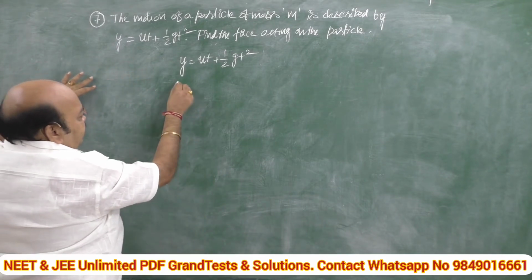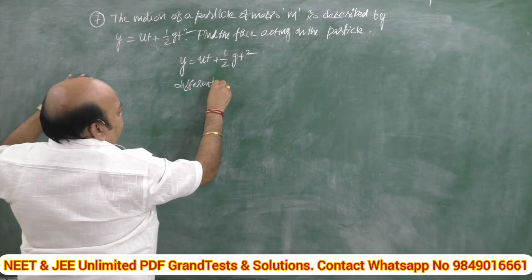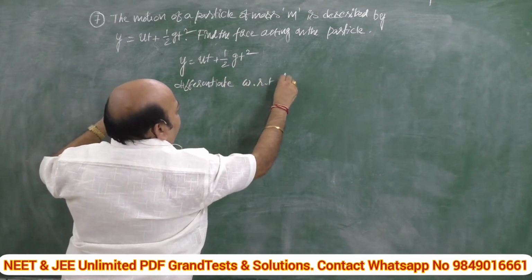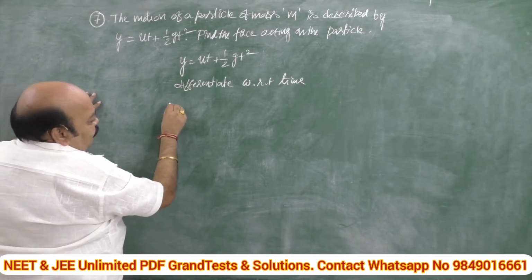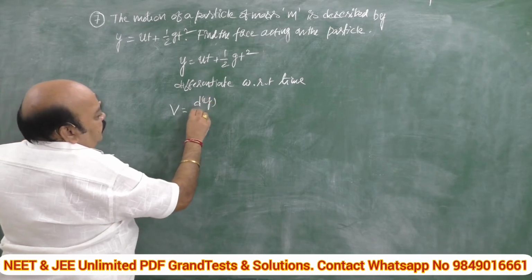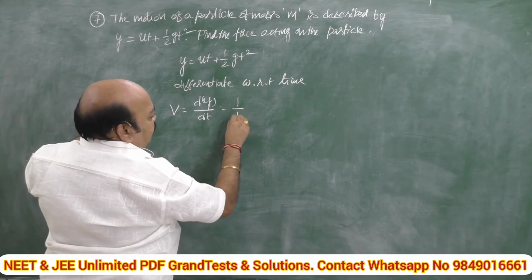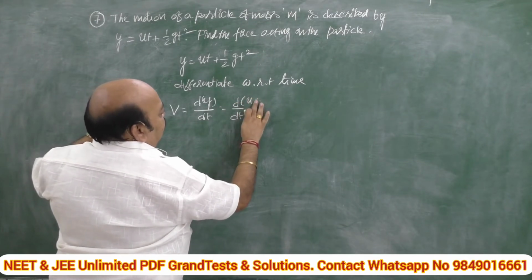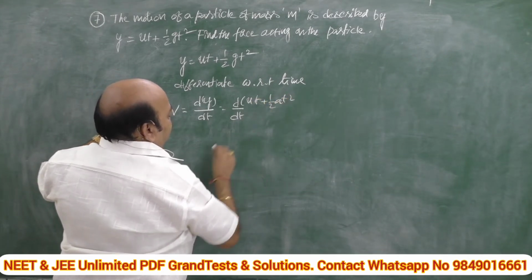If we differentiate the equation with respect to time, we get the velocity of the body. It is nothing but d by dt of y, which is d by dt of ut plus half at square.